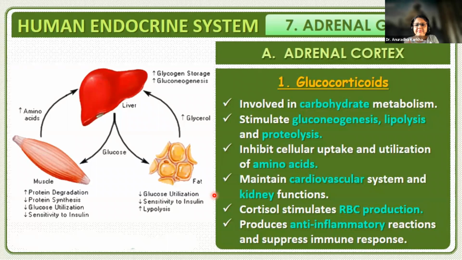I'm giving you a hint. Gluconeogenesis by lipolysis and proteolysis. Now try to give me the right answer. By lipolysis and proteolysis. Come on. Try to give me the right answer now.